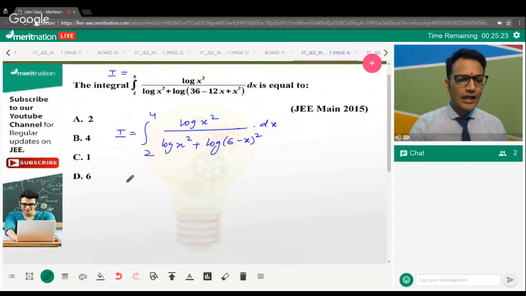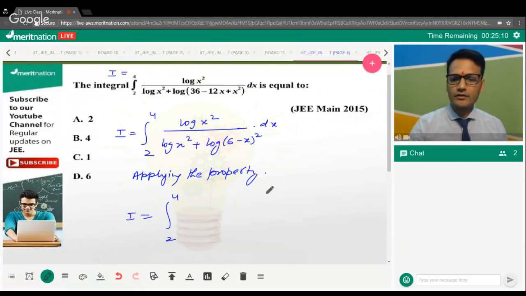Now if I apply the property, what will we get? I is equal to the integral from 2 to 4. I hope you know what property I am talking about.